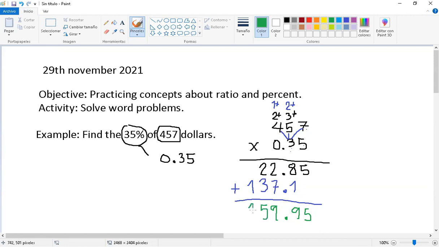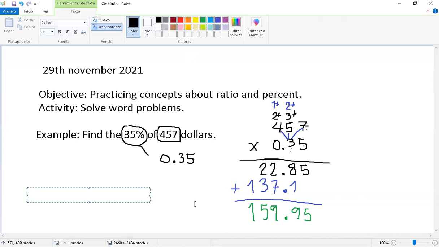And finally, 1. So, now that we got the answer, we are going to write this answer in a sentence. In a meaningful sentence, we write the answer. Okay, so don't forget to write it. Answer.